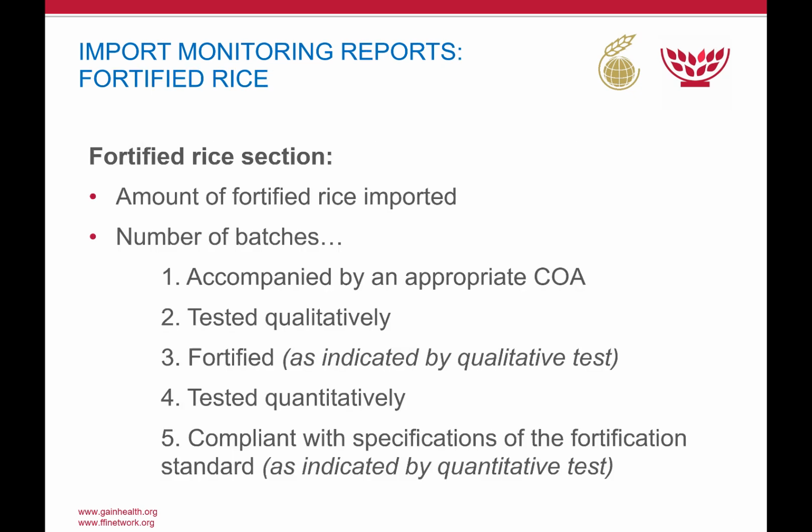The fortified rice section of the report should include these items: the amount of fortified rice imported, the number of batches that were accompanied by an appropriate certificate of analysis, the number of batches that were tested qualitatively, the number of batches that were fortified as confirmed by a qualitative test, the number of batches that were tested quantitatively, and the number of batches that complied with the specifications of the fortification standard based on quantitative test results.